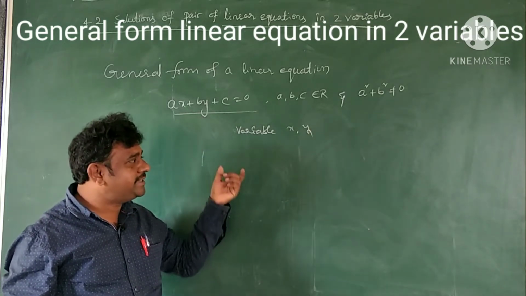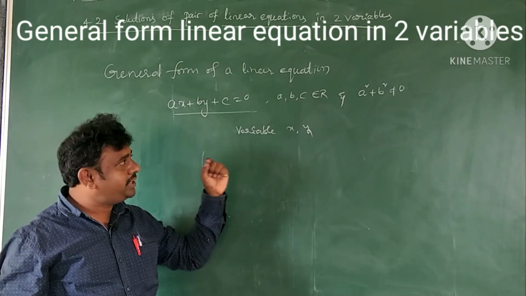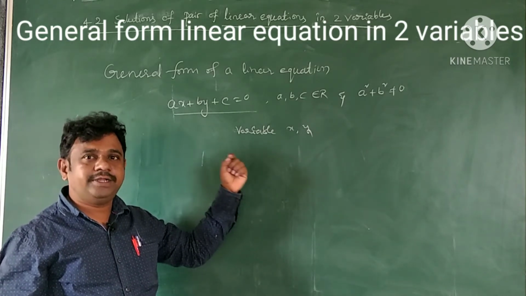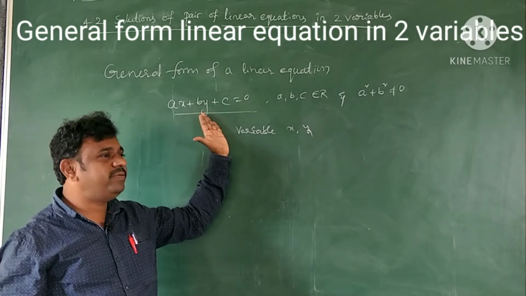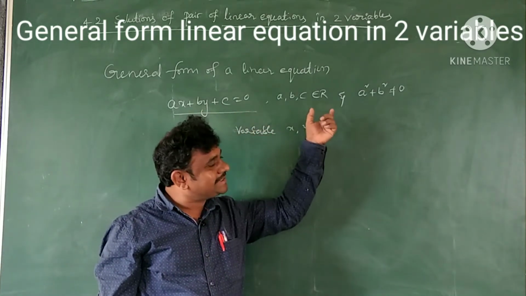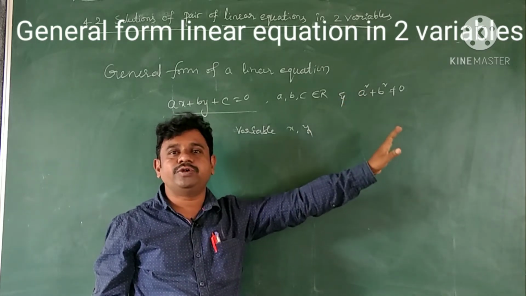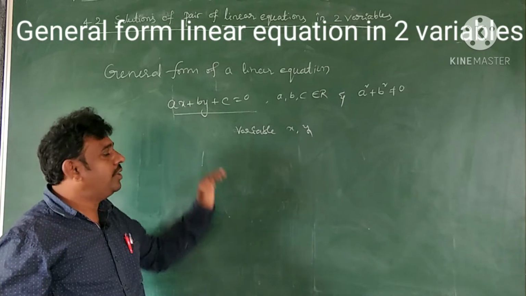Dear students, we have discussed in our previous lesson the condition for ax plus by plus c equals 0 to represent a linear equation: a square plus b square not equal to 0.